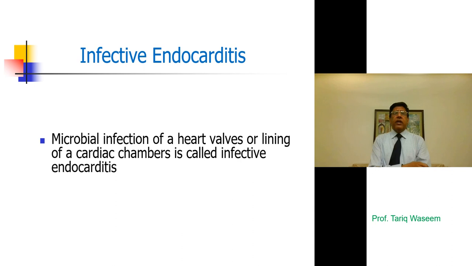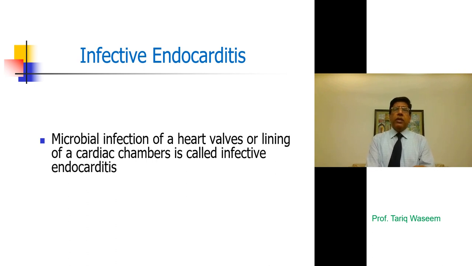Infective endocarditis is a microbial infection of the heart valves or the lining of the cardiac chambers, and when this microbial infection involves the endocardium, particularly the endocardium wrapped around the valves, it is called infective endocarditis.